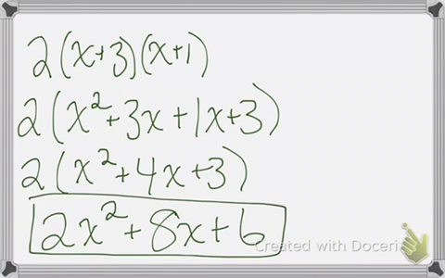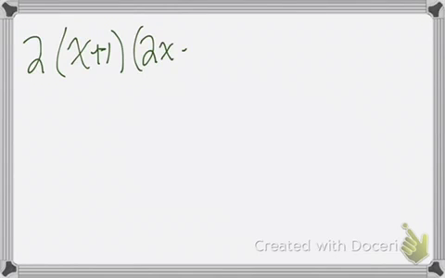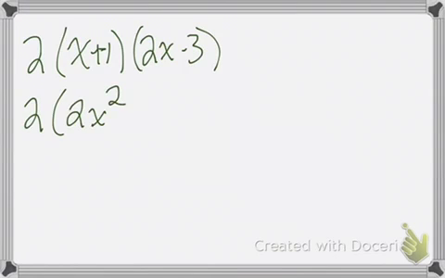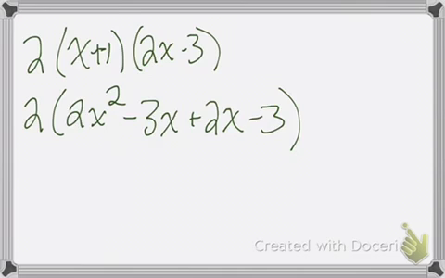Okay, so now we've got a polynomial that represents the surface area of 2 more faces. And now for the last one, we've got 2 times (x plus 1) times (2x minus 3). 2 times 2x squared minus 3x plus 2x minus 3. Okay, simplify.